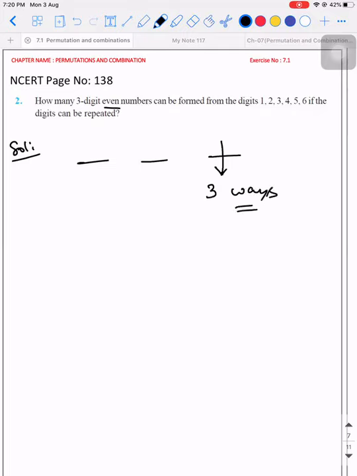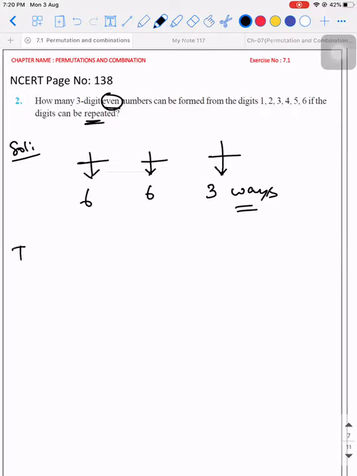What are the 3 different ways? 2, 4, or 6, because it is an even number. Since repetition is allowed, I can fill this in how many ways? How many numbers are there in your hand? 6 ways. I can fill this also in 6 ways.